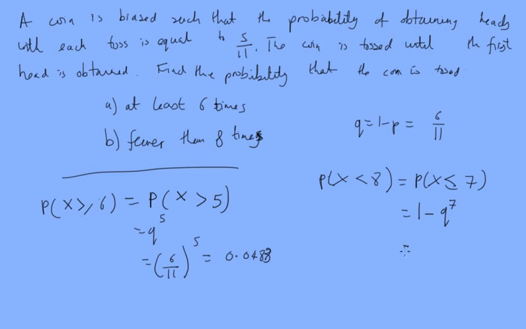So that's 1 minus 6/11 to the power 7, which is 0.986, sorry, I picked the wrong number. So I hope that helps.